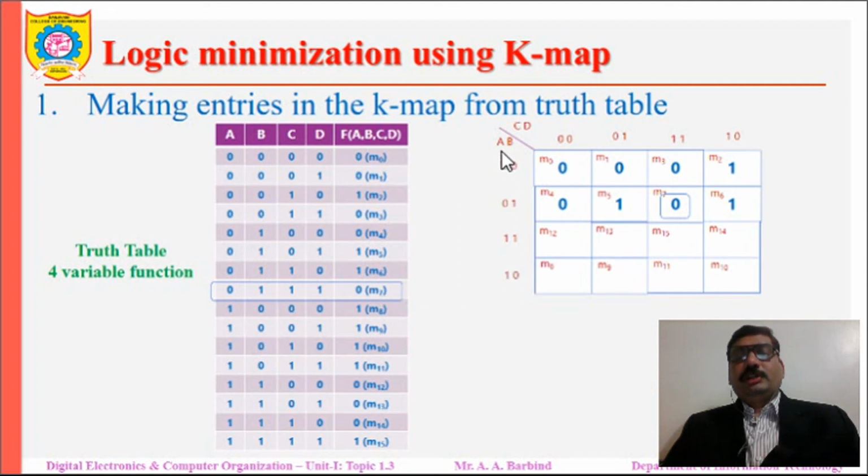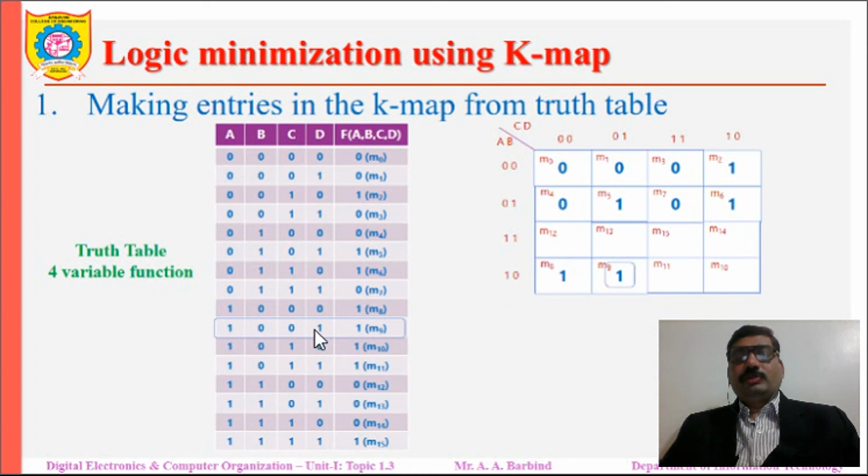You can see that AB is 1, 0 for this row and not this row. So the next entry will go in this particular cell. This entry goes here, and the same row continues.